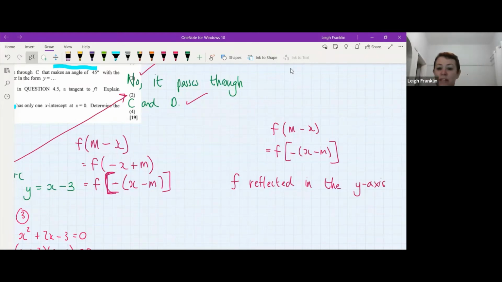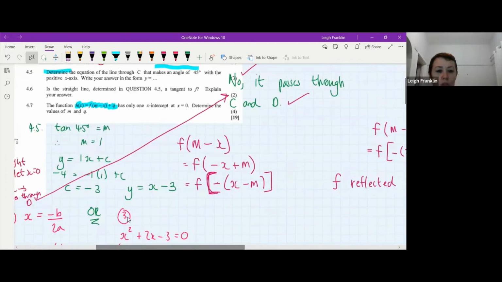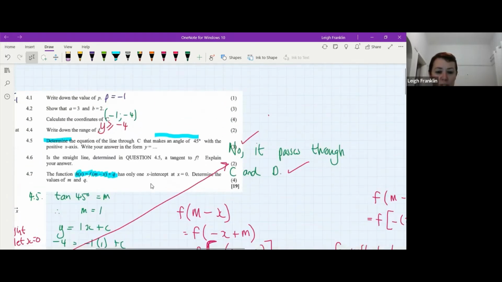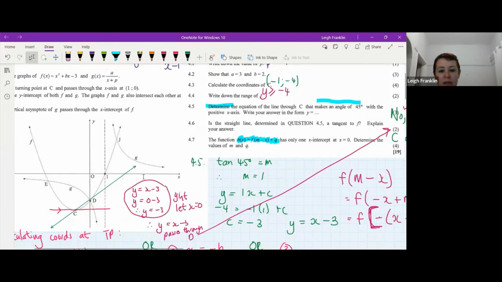Okay, so it's been reflected in the y-axis because x has changed sign. If it's been reflected in the y-axis and x has changed sign, it's now undergone two more transformations. So in other words, it has also been shifted either left or right, and it has been shifted up, you've said.